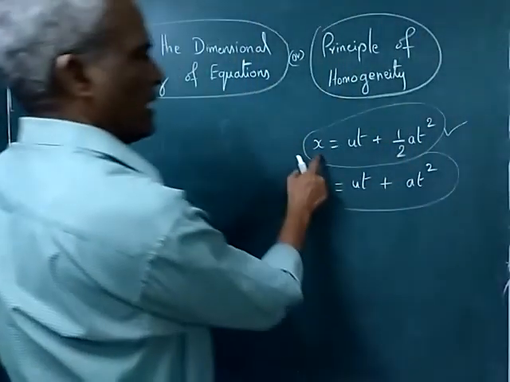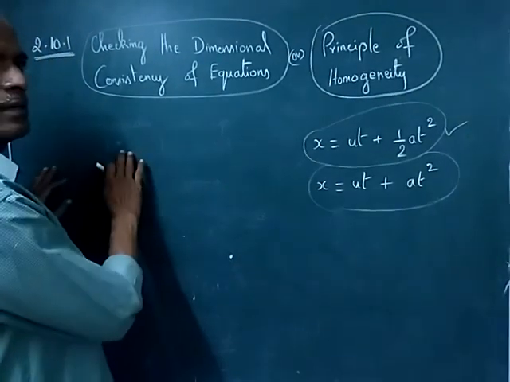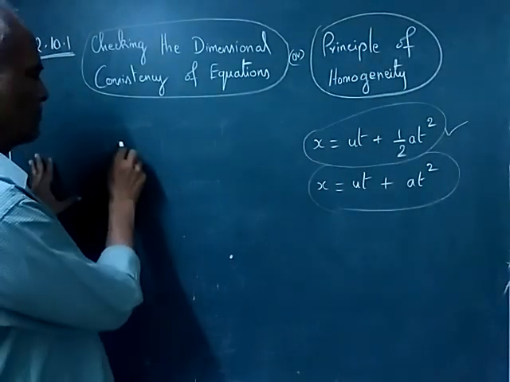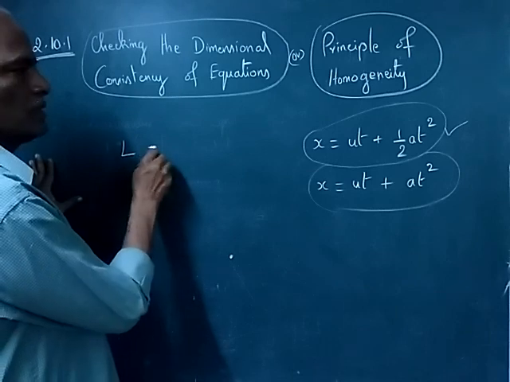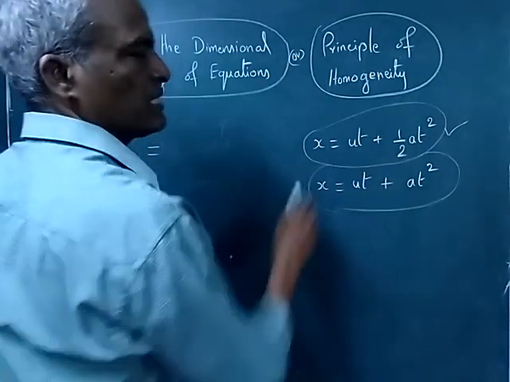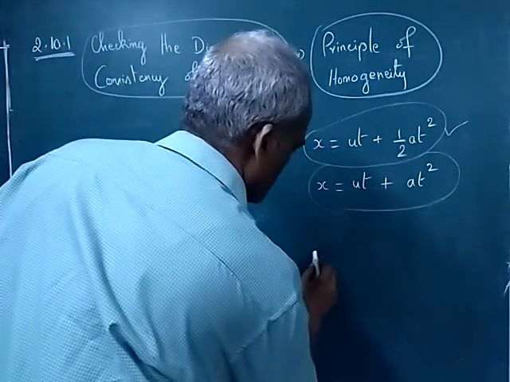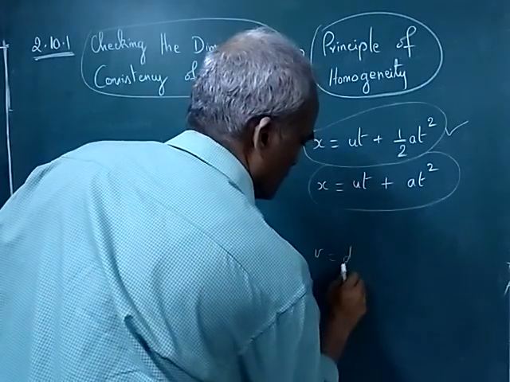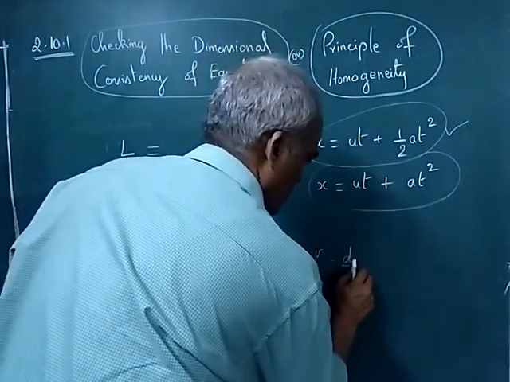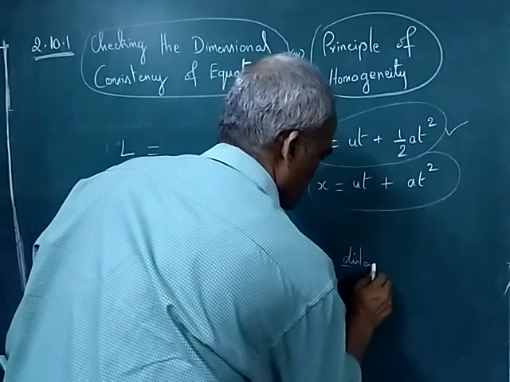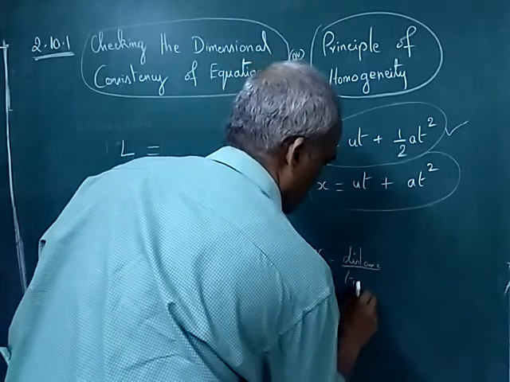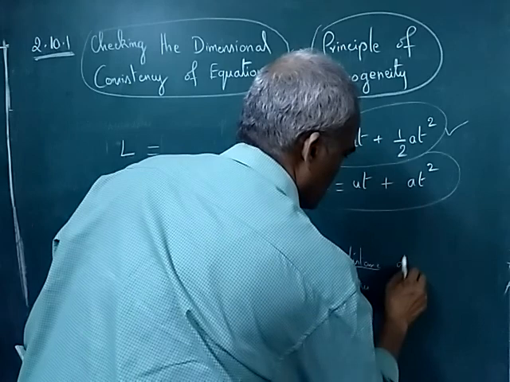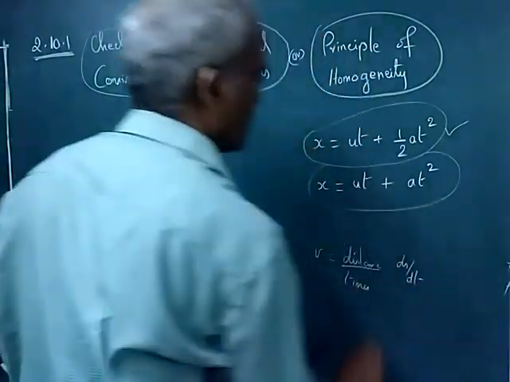First case, x is distance. Distance means length, is equal to u, which means initial velocity. So velocity is equal to distance by time, so ds by dt, that is distance by time.